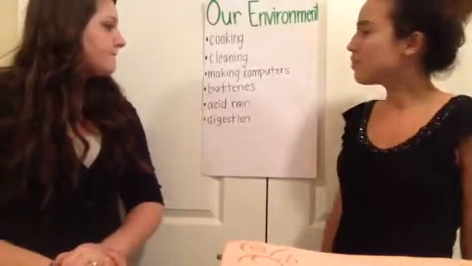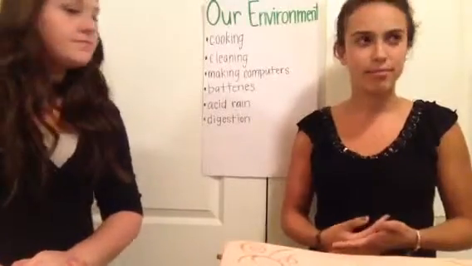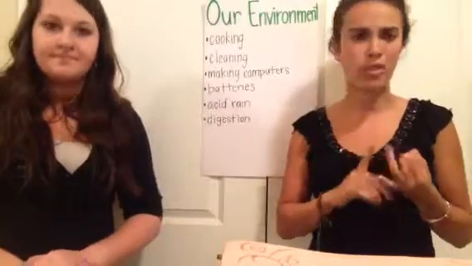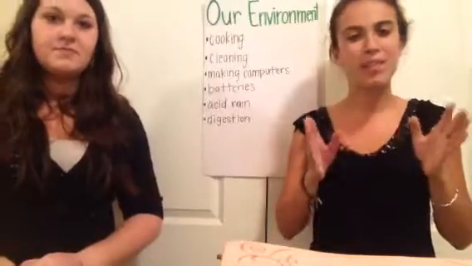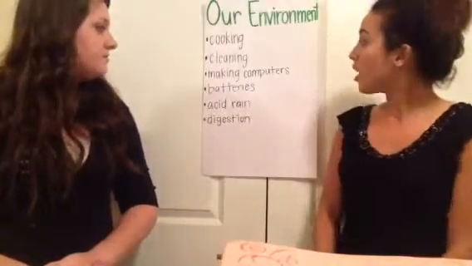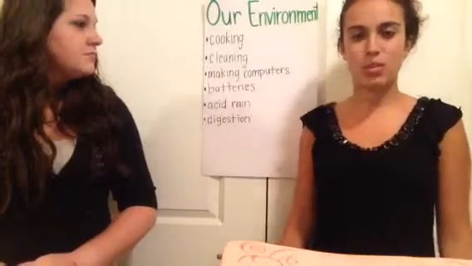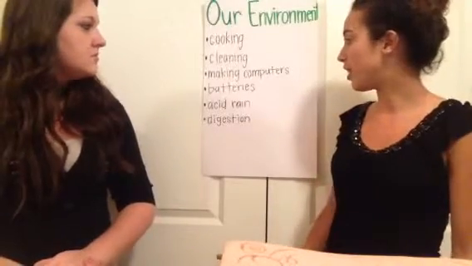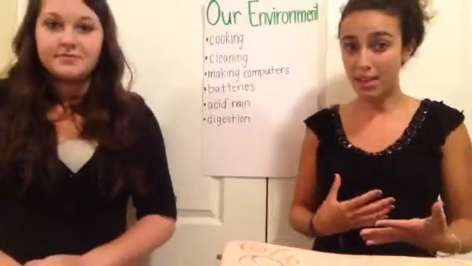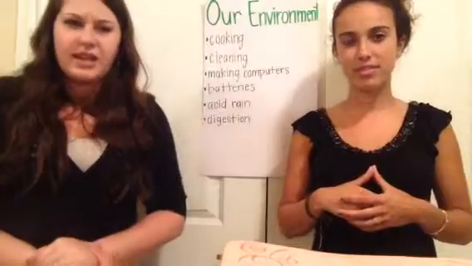There's also going to be acids and bases with cleaning liquids. For instance, dishwasher soap or laundry detergent. There's different pH levels for these substances. There's also going to be acids and bases with making computers and even our batteries, like we mentioned before with car batteries. And then another one is acid rain.